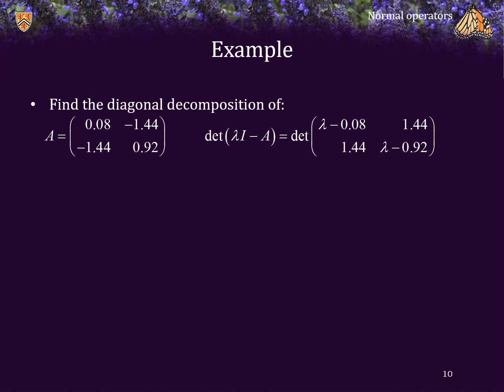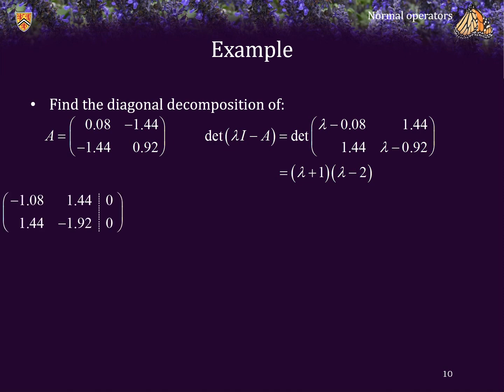So this would be lambda minus 0.08 times lambda minus 0.92. Subtracted from that is 1.44 squared. Now, fortunately, this simplifies to lambda plus 1, lambda minus 2, and therefore the two eigenvalues are lambda equals negative 1 and lambda equals 2, the roots of this polynomial.